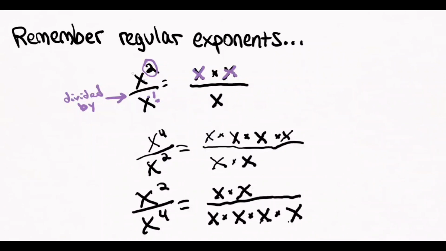So we have x to the power of 2 up top, divided by x to the power of 1. On the top of the fraction bar, we're going to have 2 x's times each other. On the bottom, we're going to have just the 1 x. So when you're dividing 2 x's by 1 x, you're just going to cancel out whatever is the same on the top and the bottom.